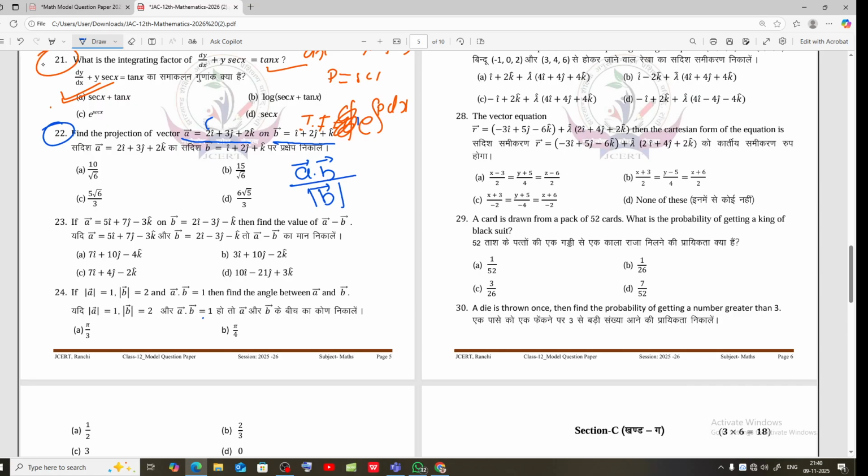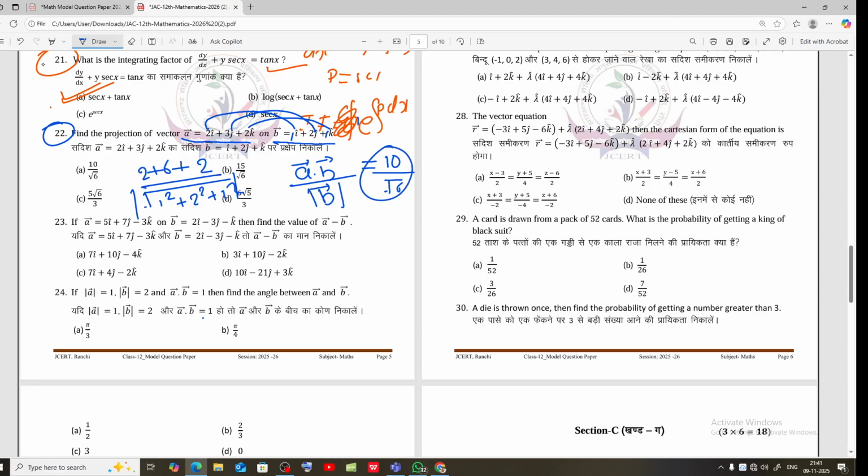A dot B means the product of corresponding parts: 2 into 2, the coefficients of i cap, then 3 into 6, plus 2 for the k cap coefficients, which comes to 10. The modulus of B is the square root of 2 square, 4, and 1 square, which is 6, so the root of 6.